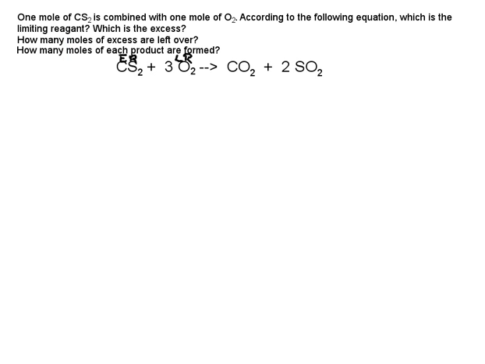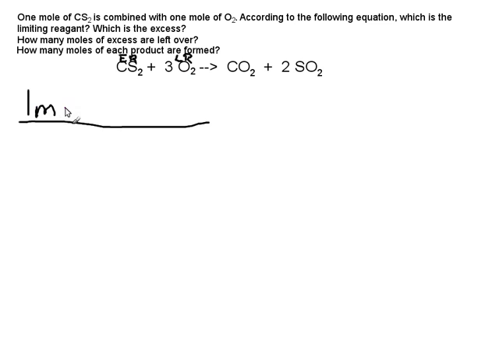Now, our second part of our little problem: how many moles of excess are left over? Alright, so we're still using all of this information from the top. We still have 1 mole of O2, and now that 1 single mole of O2 is going to be our starting point for all of our train tracks for the rest of this problem, because that's our limiting reagent.